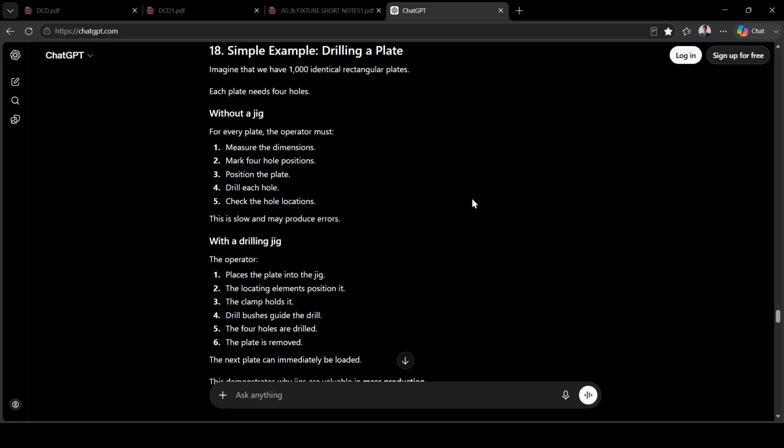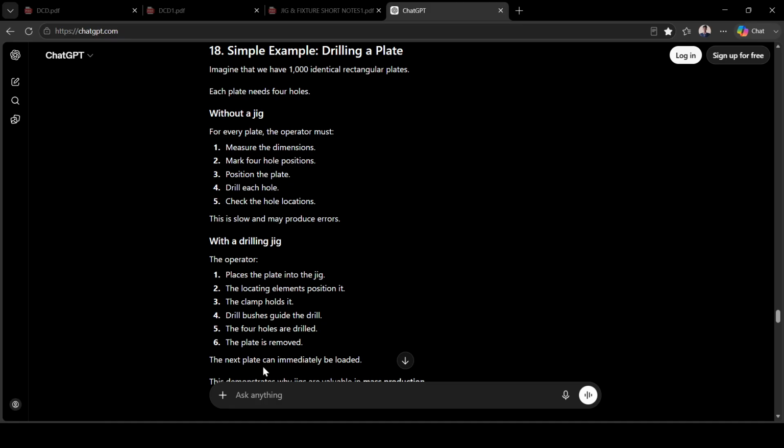Simple example: drilling a plate. Imagine that you have 1000 identical rectangular plates.